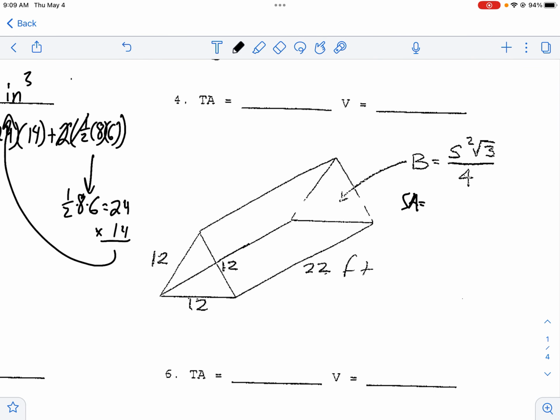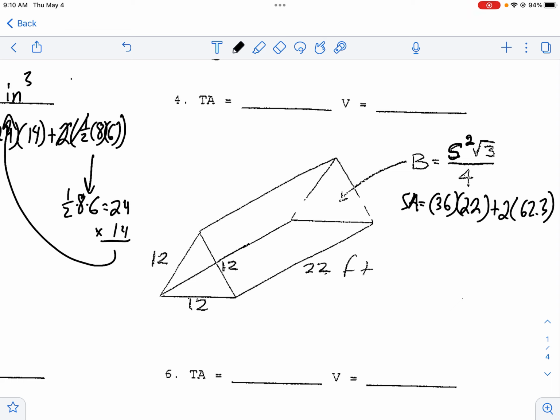Okay. Surface area here. Perimeter of the base is 36 times the height is 22 plus 2 times the area of the base. The area of the base, we just use side squared times root 3 over 4. So that would be 12 squared, which is 144, times root 3, divided by 4. I get 62.3. I'm going to keep that exact value.